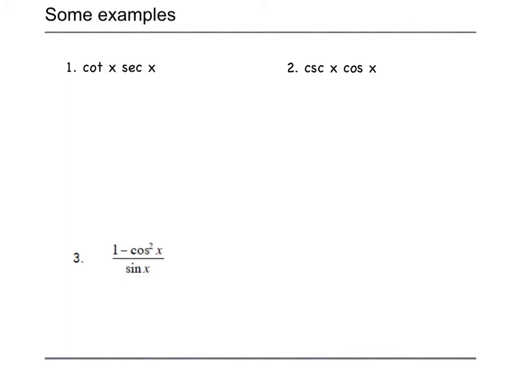So one of the things that we can do is take cotangent and secant, number 1, right here, and convert those to sines and cosines and see if anything cancels. So we're going to use the quotient for this one, and we're going to use the reciprocal for the secant. So I'm going to write cotangent as the cosine x over the sine x. Remember, they're equal to each other, so I can replace. Secant is 1 over cosine x.